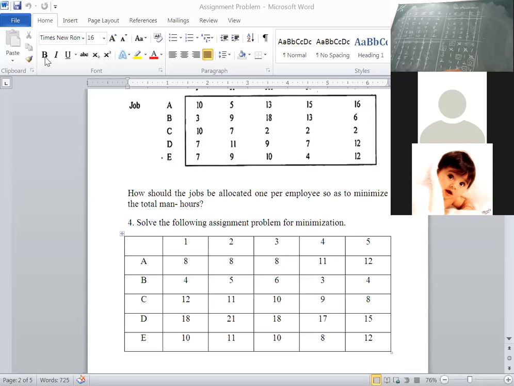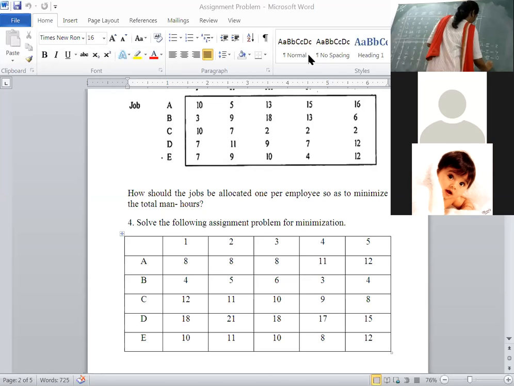Okay. Right now, you know how to write down the answer. How to write down? A goes to which place? A goes to 2. What is the value? 8. B goes to 1. What is the value? It's 4. C goes to 3. What is the value? 10.